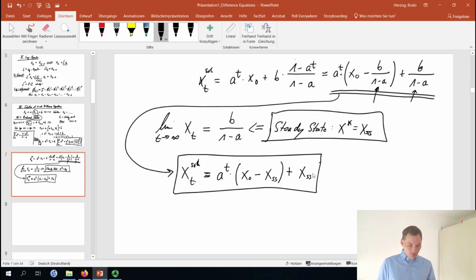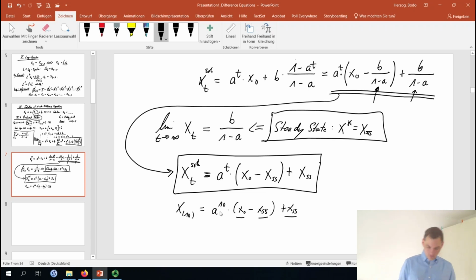And so if you want to iterate, say, what is x at t equals 10, you just plug in 10. This term, x0 minus x steady state, is a constant, because the steady state is a number, so you just have numbers and you iterate, multiplying with the respective a, also a number, to the power of 10 for t.